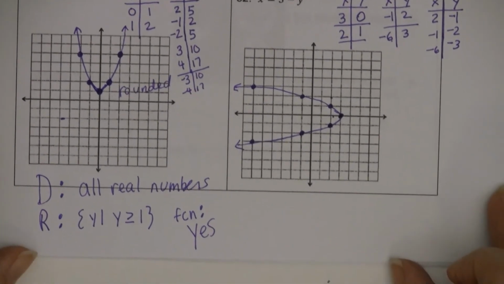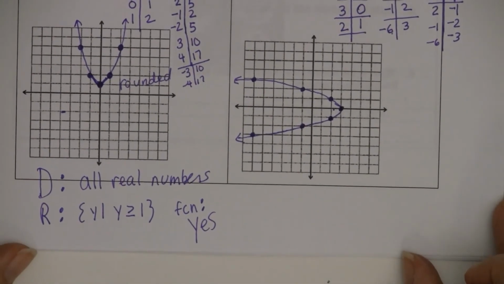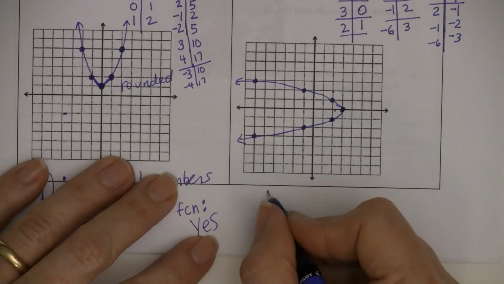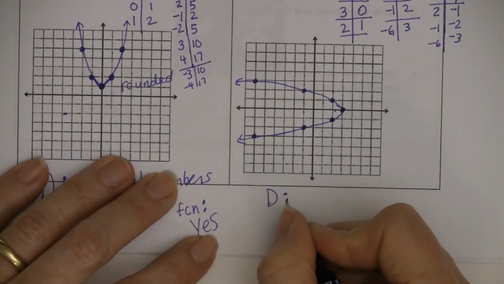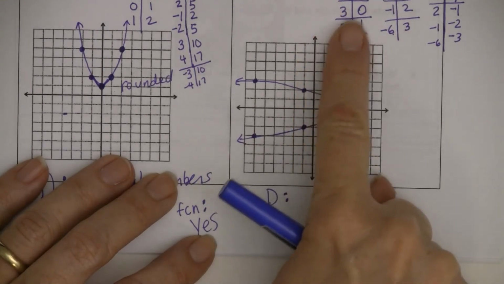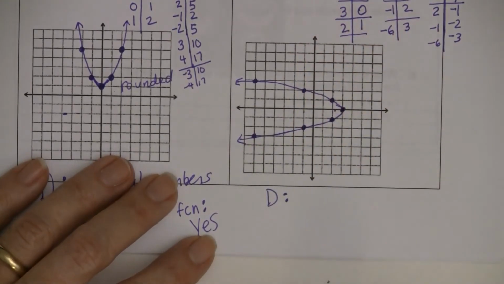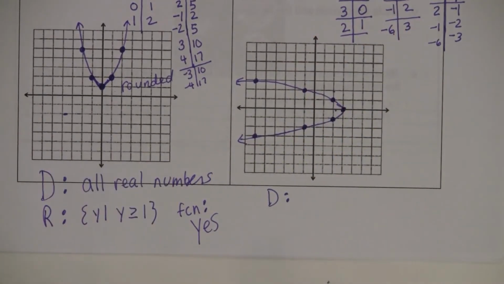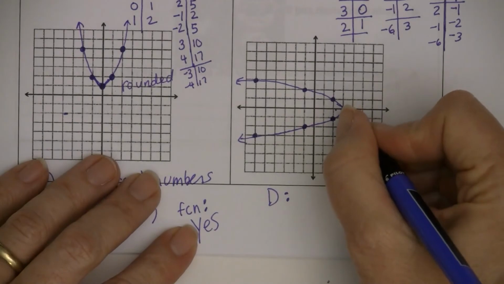Now I'm looking at the domain. This time, if we look at the x values, we definitely have a largest x value, which is 3, this point right here.